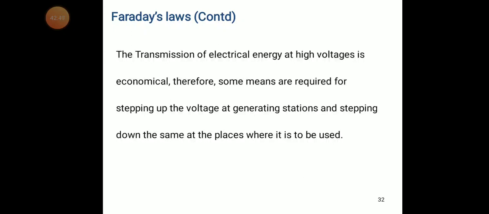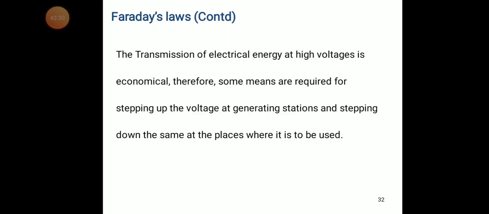The meaning is, at the power generation, high voltages are generated, and these voltages are stepped down where we use them. We can transmit the high voltages through the transmission lines.